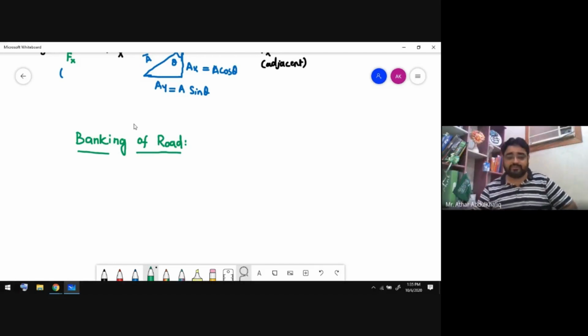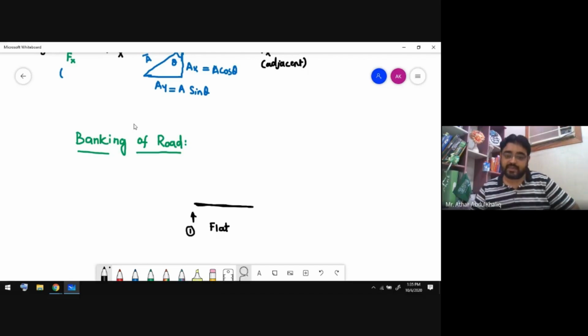If you have this road, let me try to make this a road. This road is a flat road. On this side is edge number one, this is the first edge, and this is the second edge of the road.